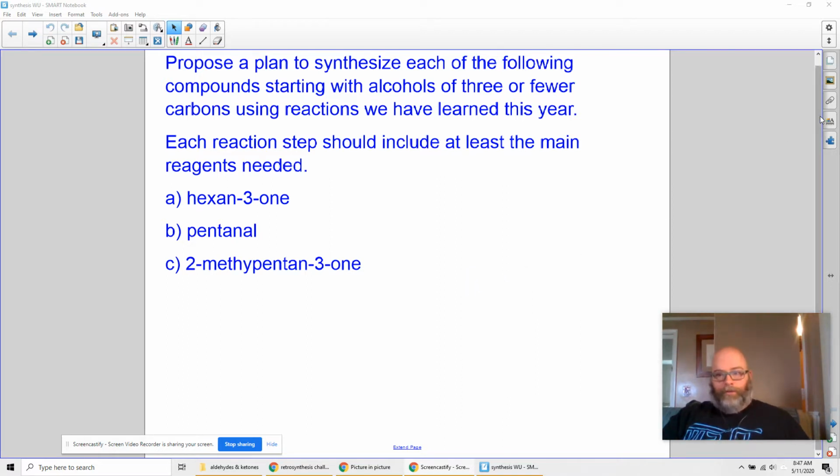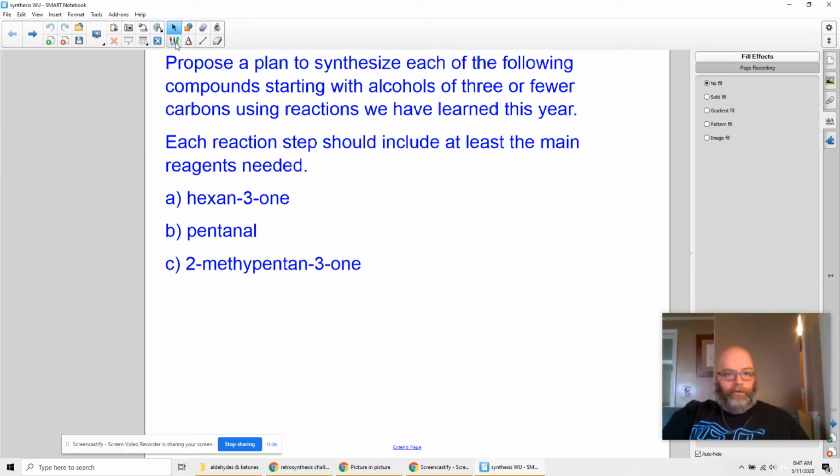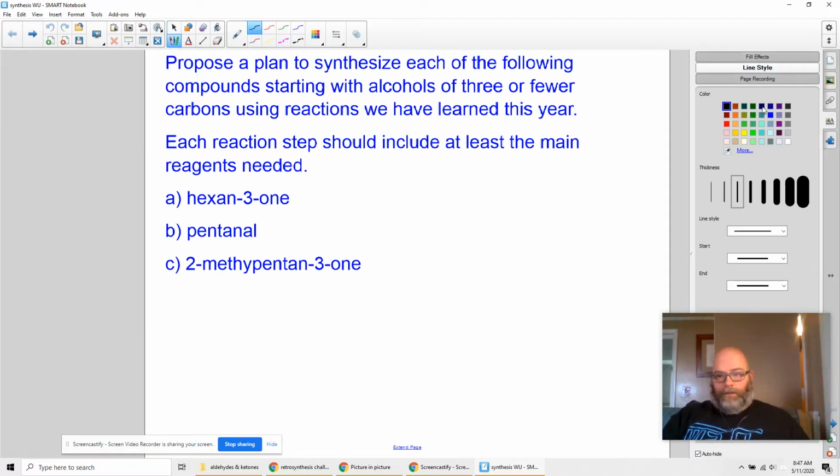There are several ways to perform this type of retrosynthesis on these reactants. I'm just going to give you the most complicated pathway I could think of, because you wouldn't likely come up with this particular pathway to make hexan-3-one. So I want you to try a different approach.